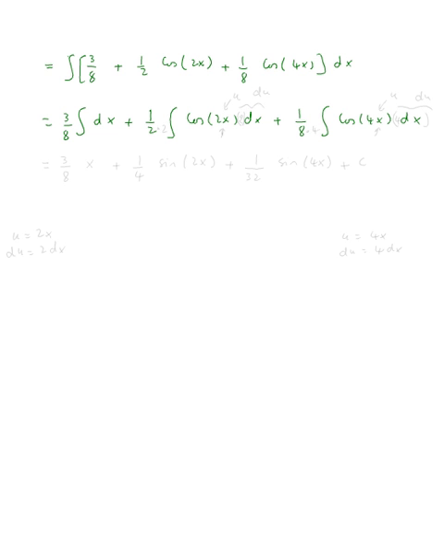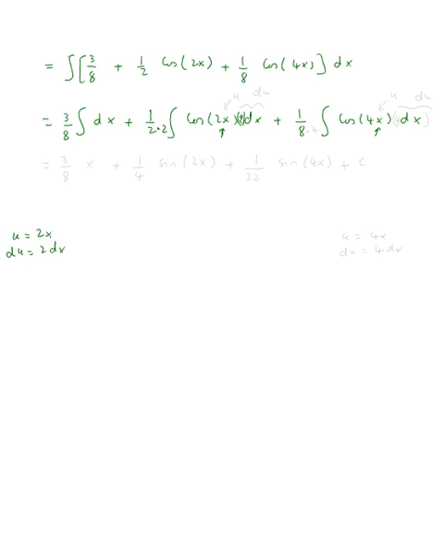Now let me show you a trick here. If you let u equal 2x, then you know that du is supposed to be 2 dx. So we're missing a 2 here. So multiply by 2 and divide by 2.